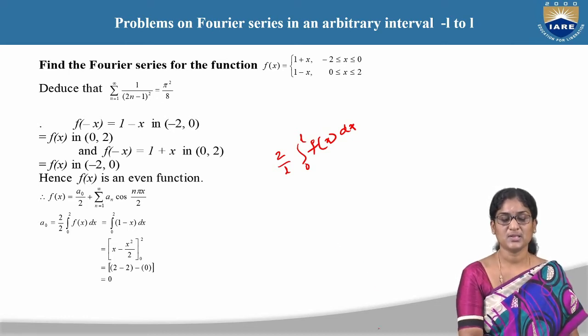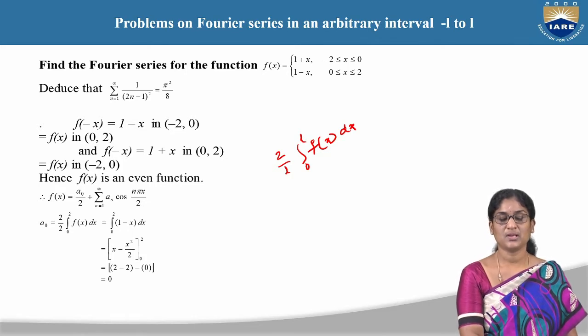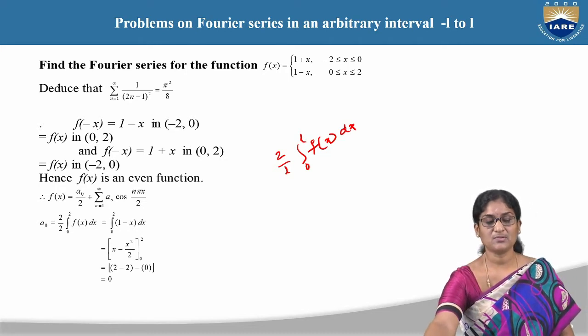Otherwise we can do like this. L is nothing but 2, so 2 by 2 is 1. Integral 0 to 2 f of x dx, integral of 1 minus x dx, integral of 1 is x minus integral of x is x square by 2 from 0 to 2, and which comes out to be 0. So a0 value is equal to 0.